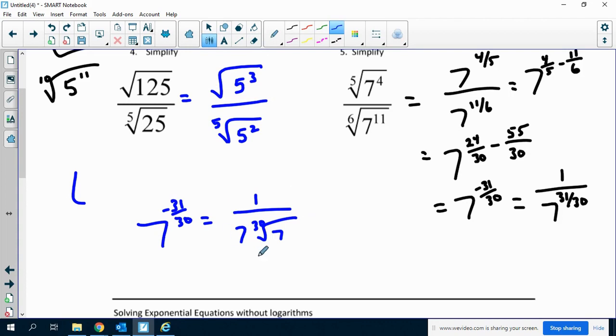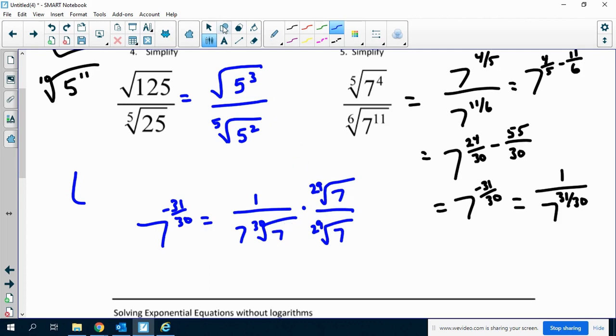Now, I cannot leave it like this because I have a radical in the denominator. So just like we learned in Unit 6, I'd have to multiply the top and bottom by however many copies of 7 on the inside of the radical I would need in order to make the bottom a nice number.